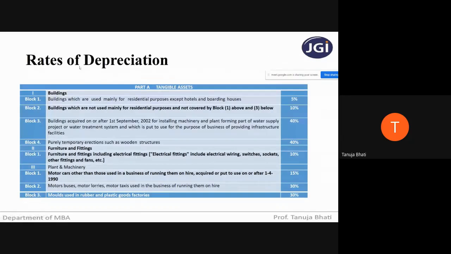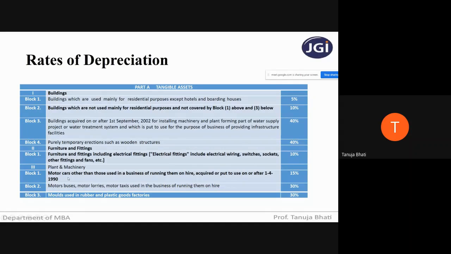So let us see what are the rates of depreciation as per Income Tax Act. I'll just cover the major ones and the important ones. Now building, if it is a building that is used for commercial purpose, then 10% is the rate of depreciation. If it is a category belonging to furniture and fittings, the rate of depreciation is 10%.